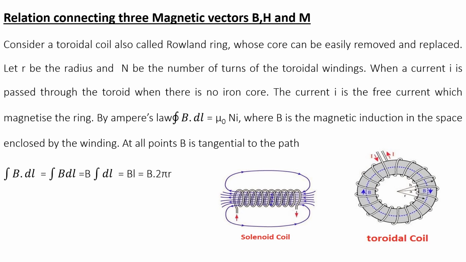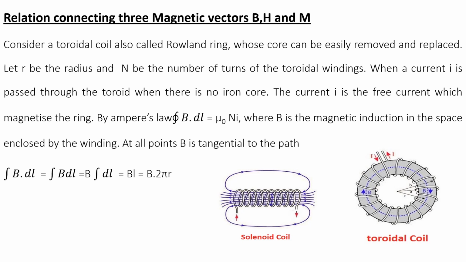Ampere's law relates the current and the magnetic field. Here, in the second figure, we consider in the toroidal coil a blue colored loop, and this loop is called an Amperian loop.